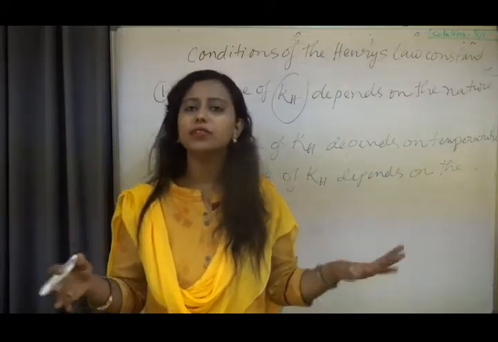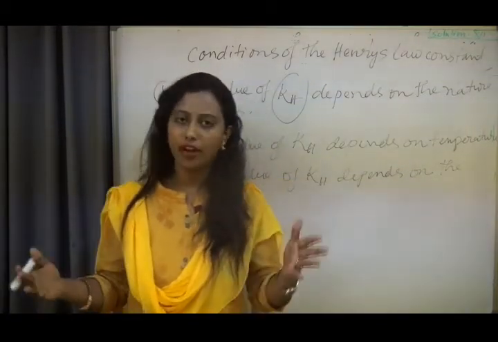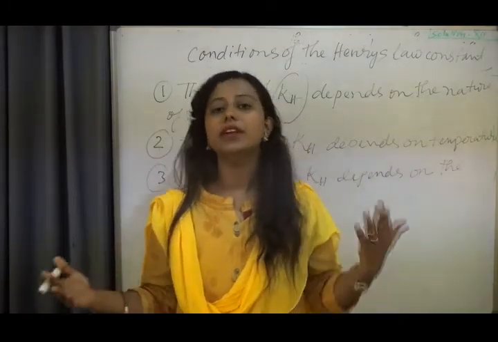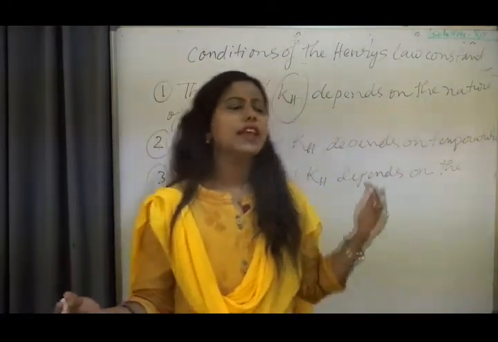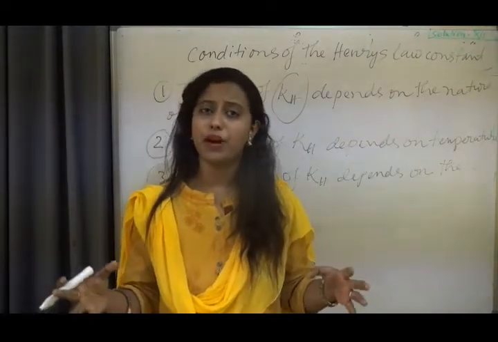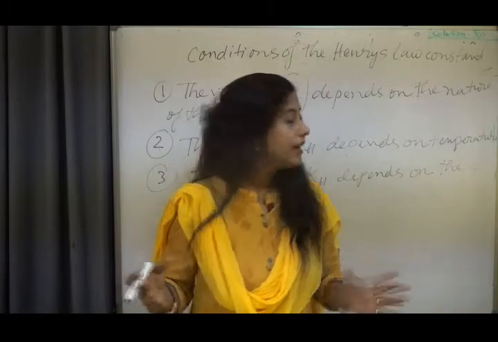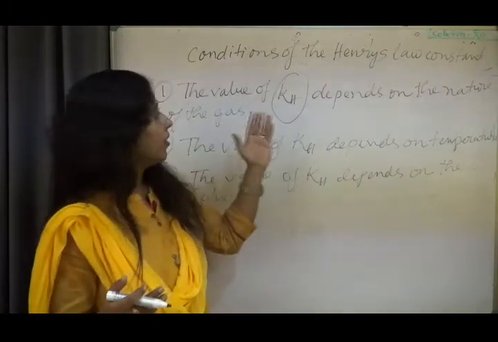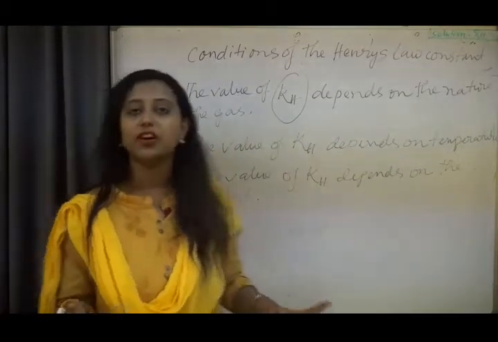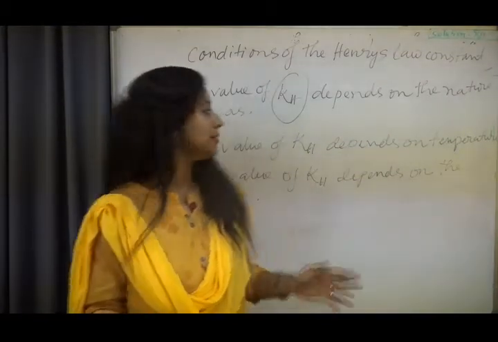The properties of carbon dioxide are not equal to those of hydrogen, and similarly not equal to those of nitrogen. So there is a difference in the intrinsic property of the nature of the gas. So this proportionality constant, the Henry's law constant, depends on this nature.